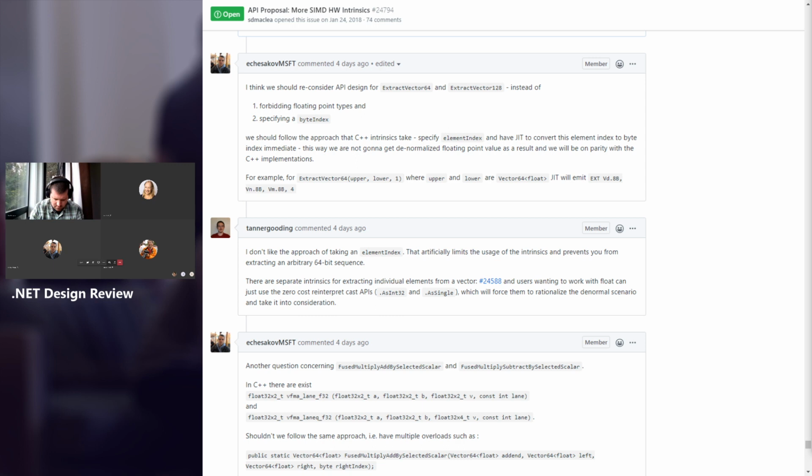What's the issue number where we have the proposal for fused multiply add by selected scalar? Because I don't see it in this issue. You're asking hard questions. Well, what I'm trying to do is see what the proposed API was, because it's not listed in this particular issue, or what the approved API was.